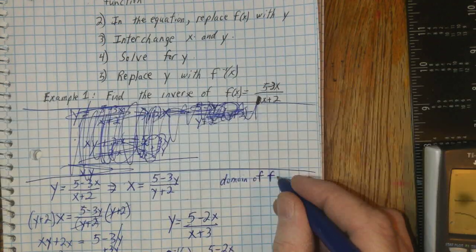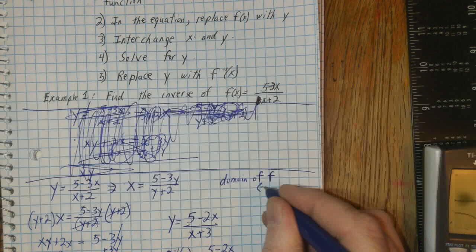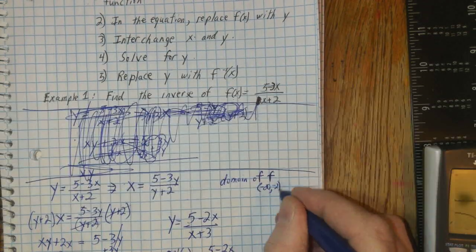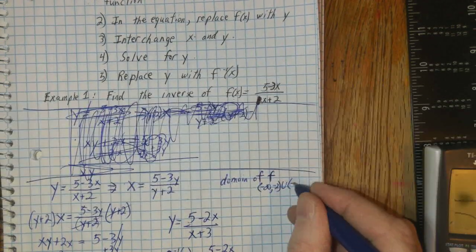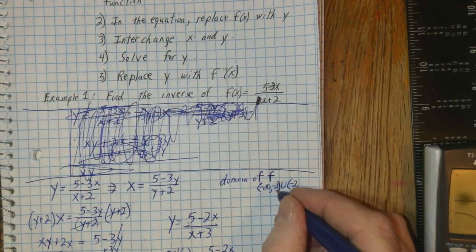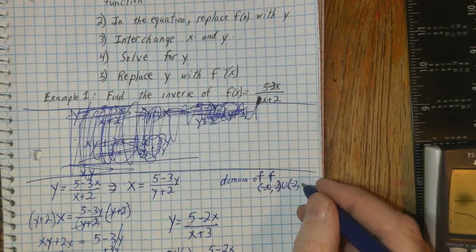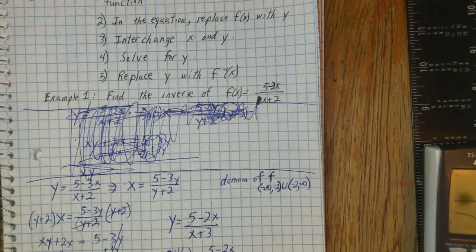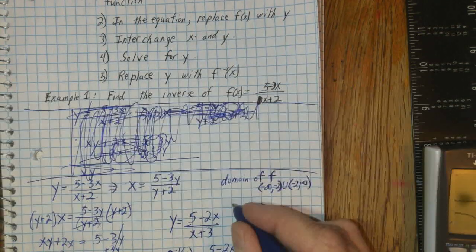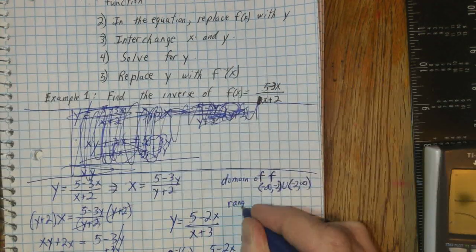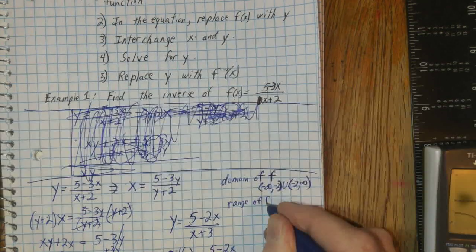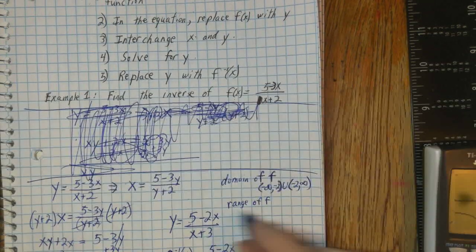So the domain of f is negative infinity to negative 2, and then negative 2 to infinity, with the curved brackets being non-inclusive. So that's how we conclude that. Now, the range of f, let me save that for a little bit.